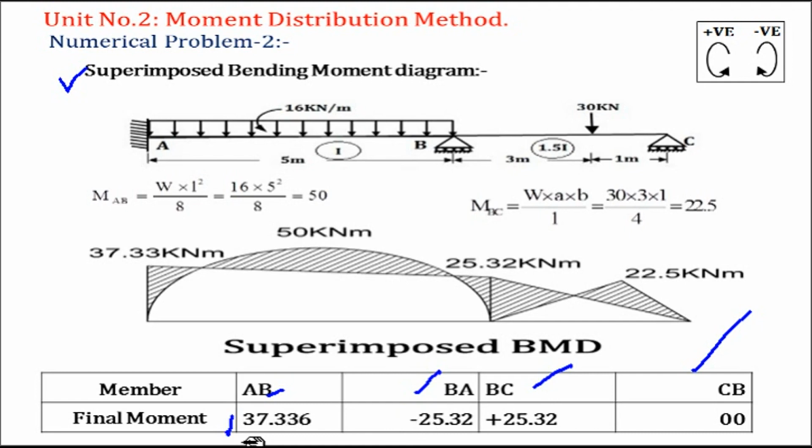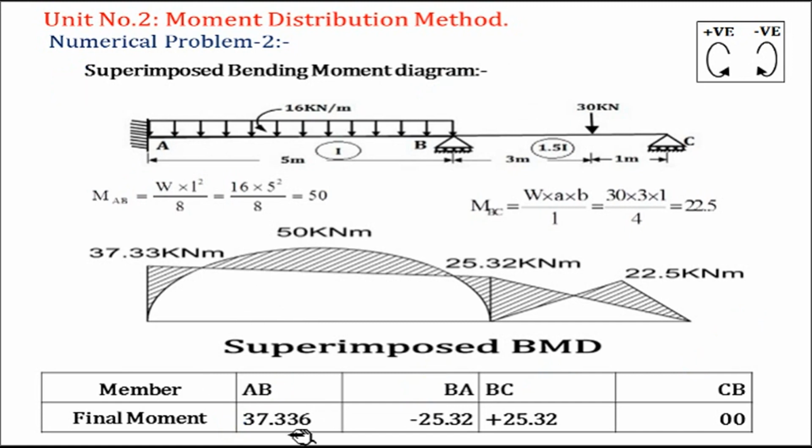So they have different signs, so the diagram will appear above or on one side of the member. If they have the same sign, suppose this is also minus, then in that case one moment will be below this member and another will be above this member. Likewise you have to locate. So this is just for the sake of understanding.